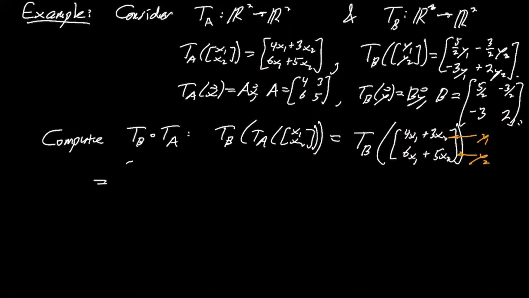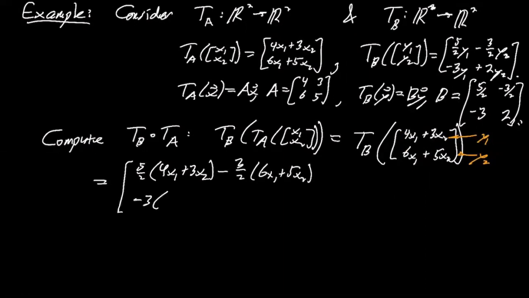But if we do that, we get 5/2 times (4x1 plus 3x2) minus 3/2 times (6x1 plus 5x2), and minus 3 times (4x1 plus 3x2) plus 2 times (6x1 plus 5x2). It's interesting to see what we get.